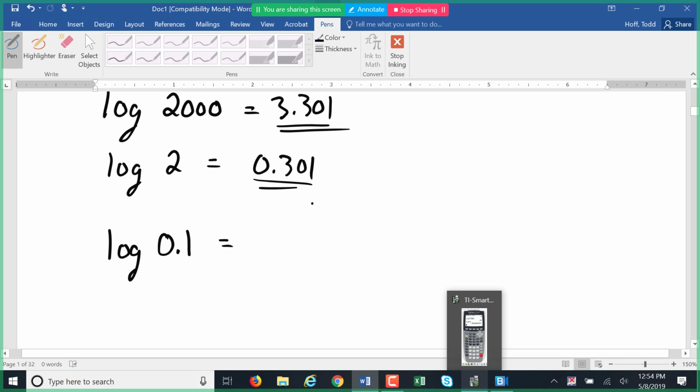Log base 10 of 0.1. What'd you get? That's 10 to the power of negative 1. Log base 10 of 0.04.